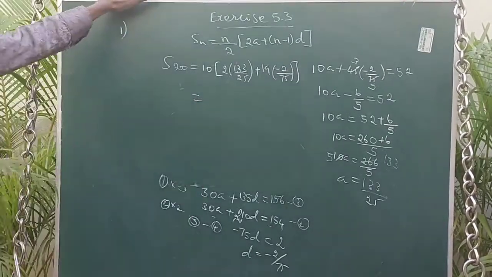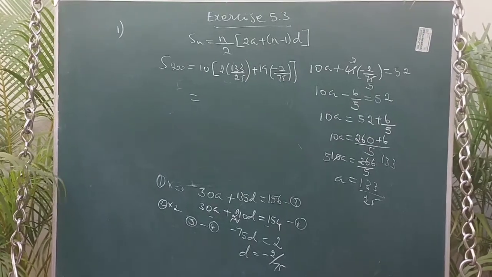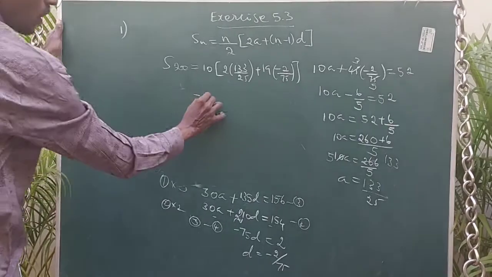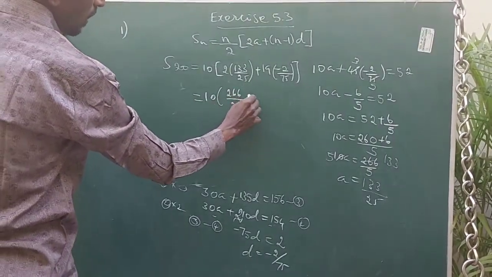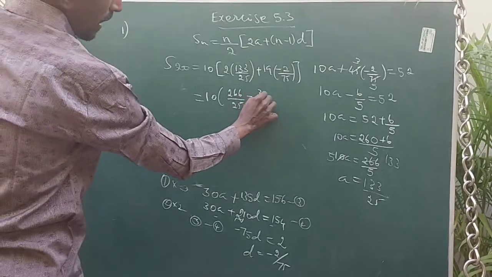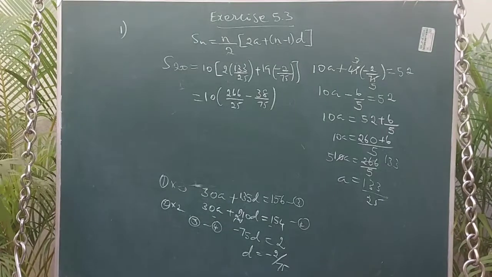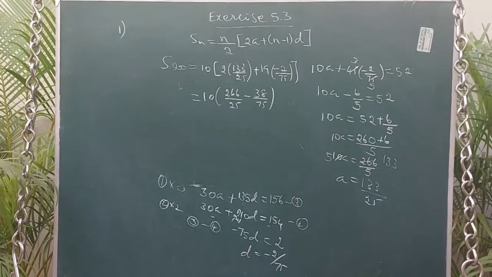So simplify these two. So 10 into 266 by 25 minus 38 by 75.